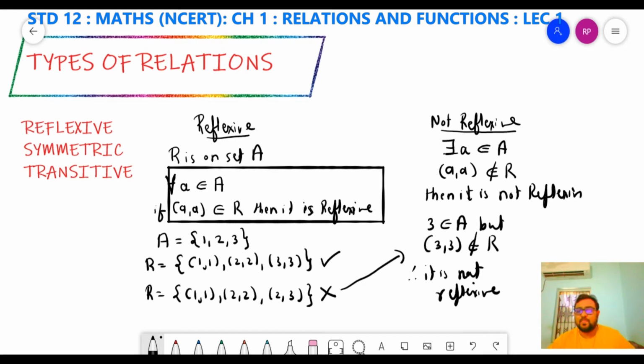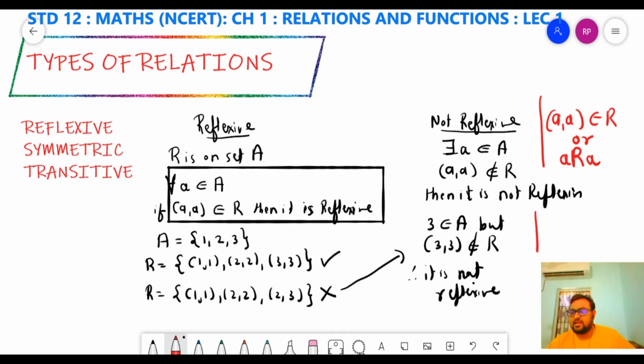Clear? Now one more thing I want to write down. This symbol, (a, a) belongs to R, can also be written in this way: a R a. That means (a, a) belongs to R. Clear?